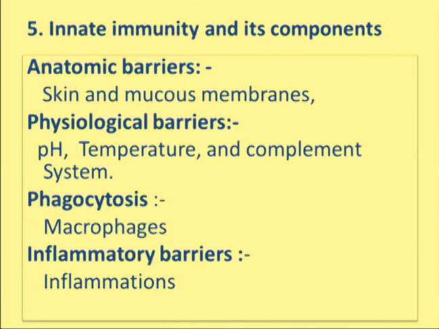Then we have physiological barriers that include pH, temperature, and the complement system. So what happens? Our body temperature is 37 degrees centigrade. So all those pathogens that survive at 27, or that survive at a much higher temperature above 38 or 39, we are not an appropriate host for them, and we naturally become immune against all those kinds of organisms.